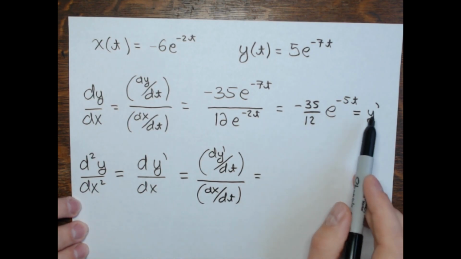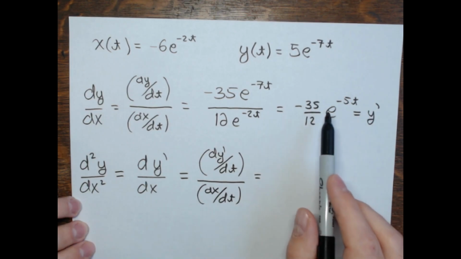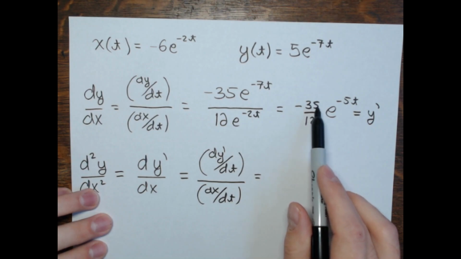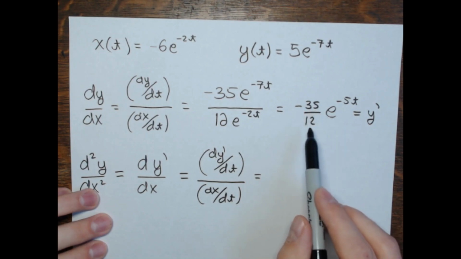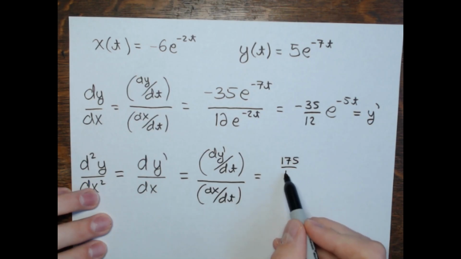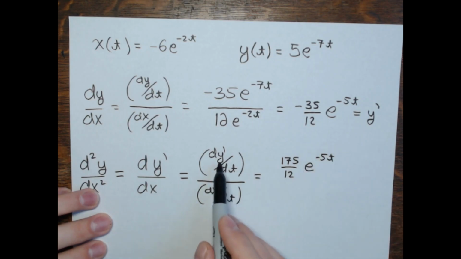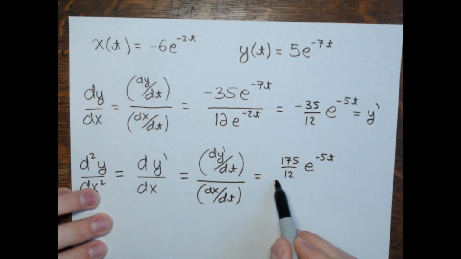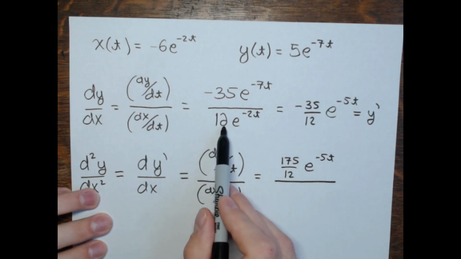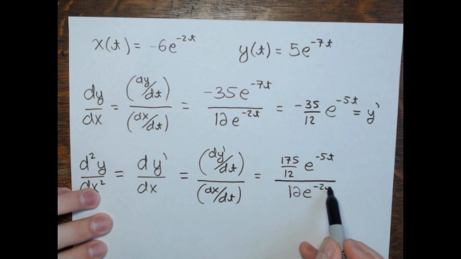The derivative of y prime with respect to t is 175 twelfths times e to the negative 5t, positive. The derivative of x with respect to t is the same as before, 12 e to the negative 2t.